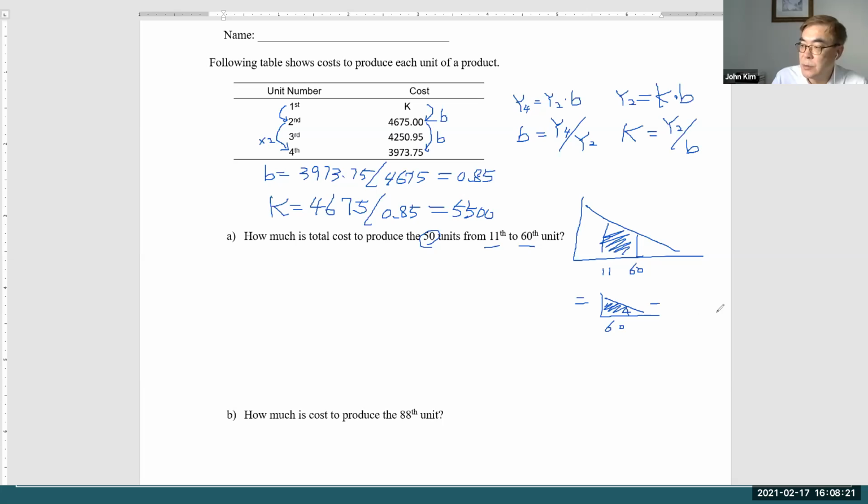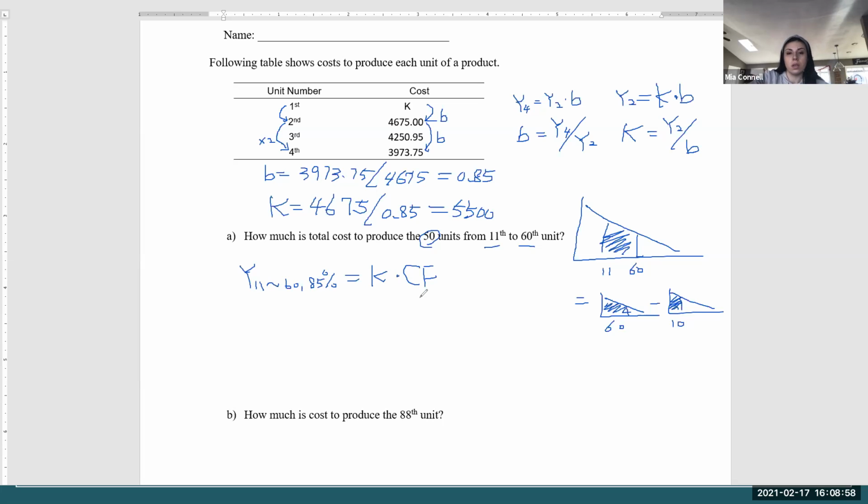So that will be 60 minus 10. So Y 11 to 60 at 85% is K times the cumulative factor. Where do you get the 10 from?